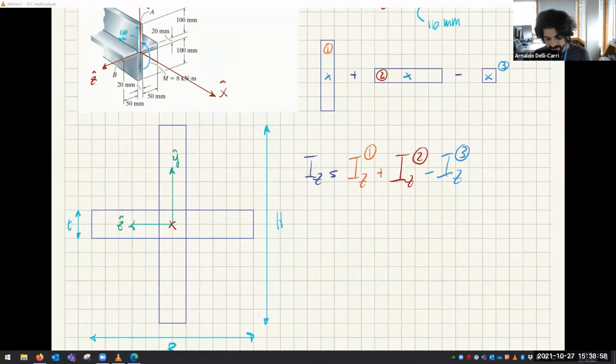If we had chosen this rectangle, this rectangle, this rectangle, and this square, well, this rectangle has this centroid, this has this, this has this. We have 5 different centroids.